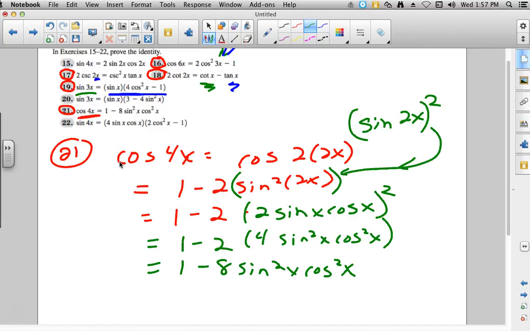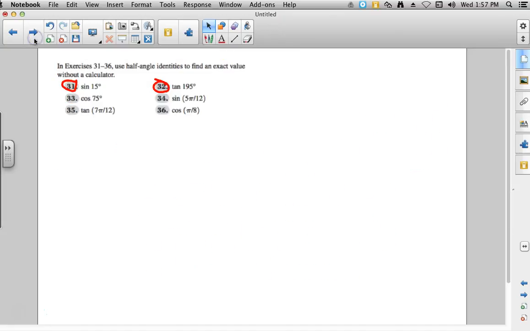And that gives us 1 minus 8 sine squared x cosine squared x, which is exactly what we needed to have. So a double angle formula to get the 2 involved in the system, and then using our sine squared to figure out, okay, I need the sine of a double angle. So this is, again, just keep thinking double angles here and breaking that down into those double angles.